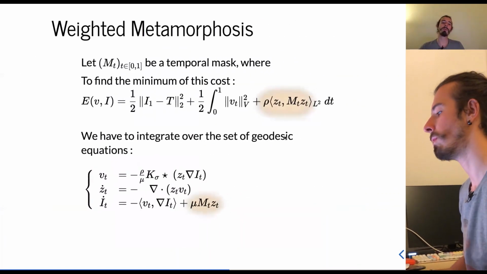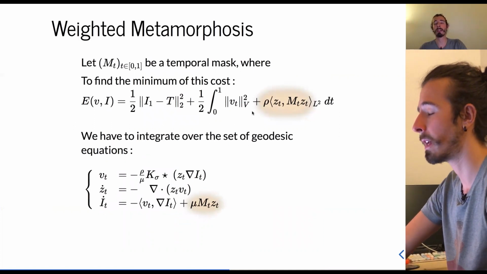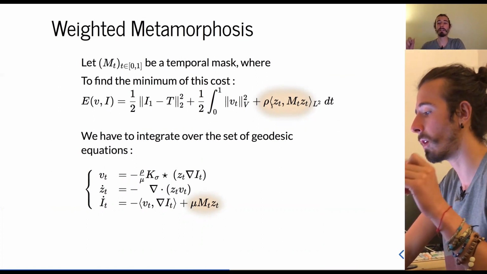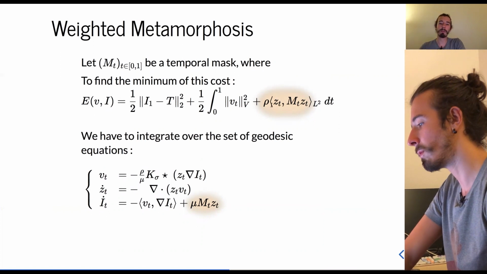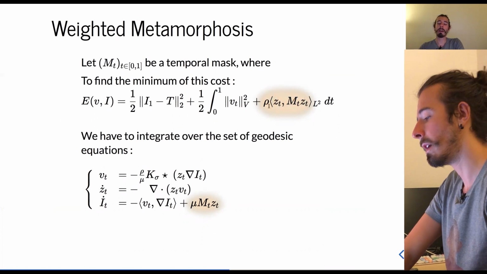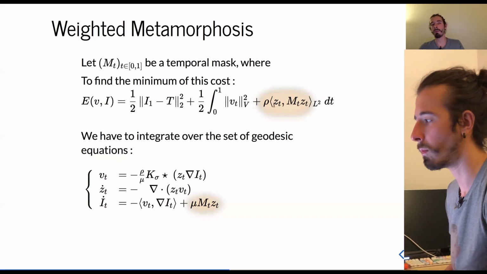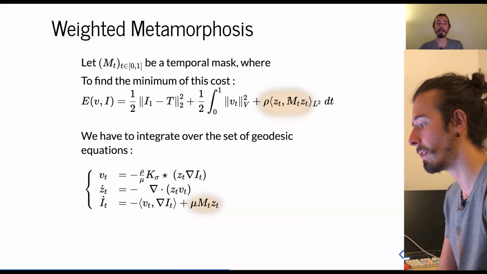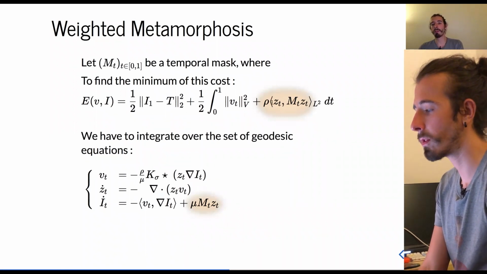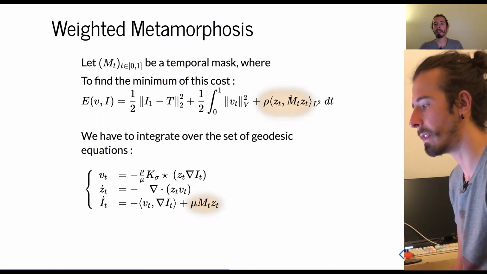So we made a simple change to the Metamorphosis algorithm, to add intensity changes only where we wanted. To do so, we changed our cost, our regularization term, and we put a mask M into the norm, so we constrain z only where M is non-zero, and this is not necessarily a binary mask.